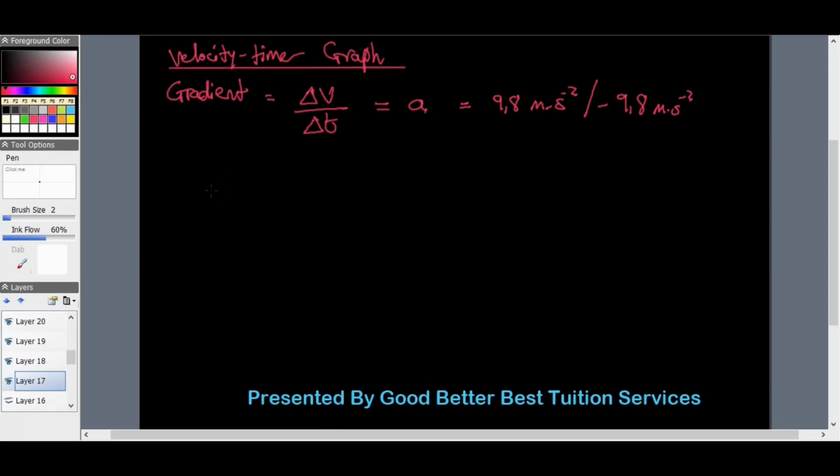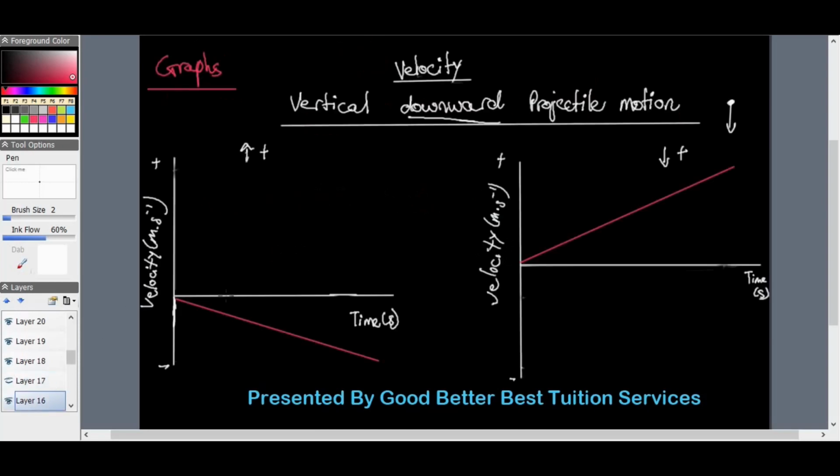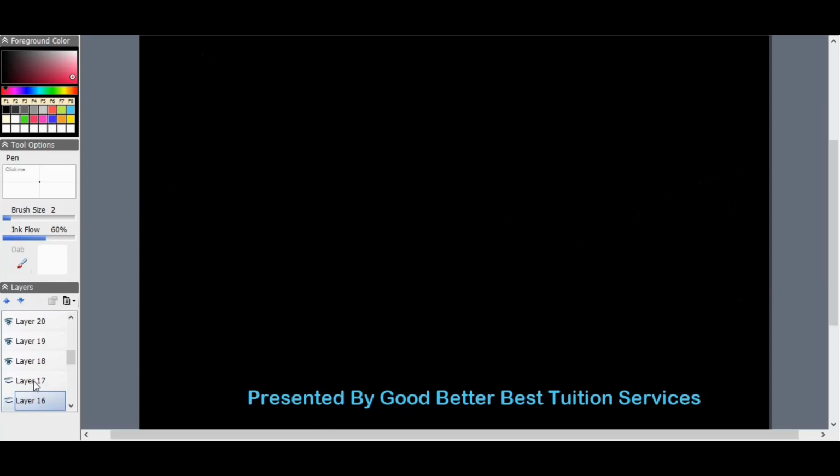And if you want to find out the displacement of your object from a velocity time graph, you simply take the area under the graph. The area underneath a velocity time graph will equal the displacement. In the case of what we just saw previously, if we drop dotted lines here and here, we get triangles.